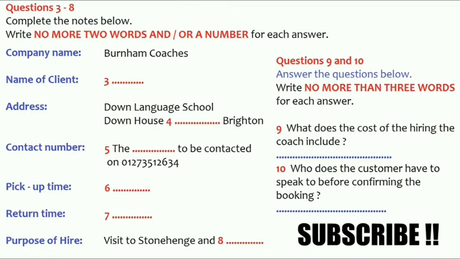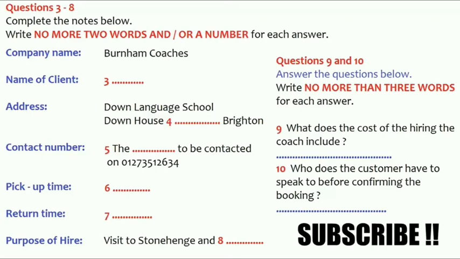Right, I just need a few details, sir. OK. My name is Paul Scott. S-C-O-T? It's double T, actually. I'm sorry. And it's the Down Language School. Could you give me the address for that, Mr. Scott? Yes, it's Down House, Hill Street, Brighton.